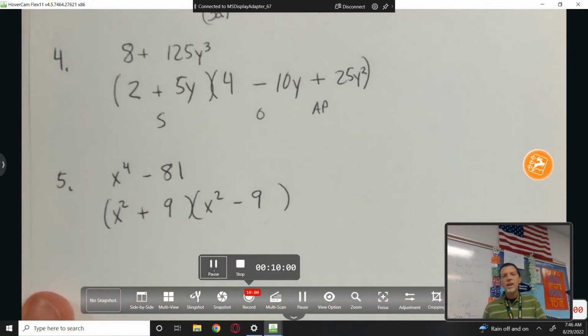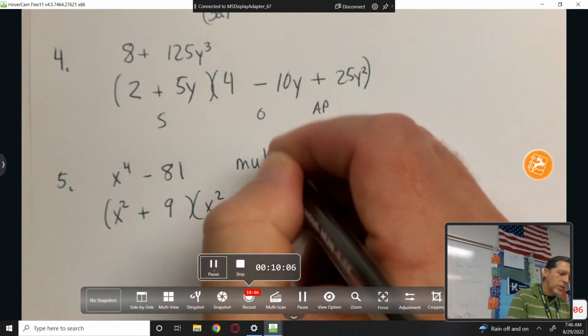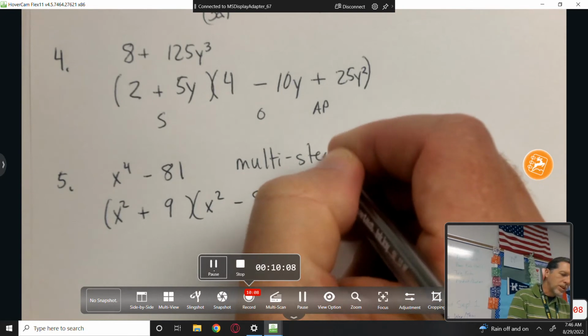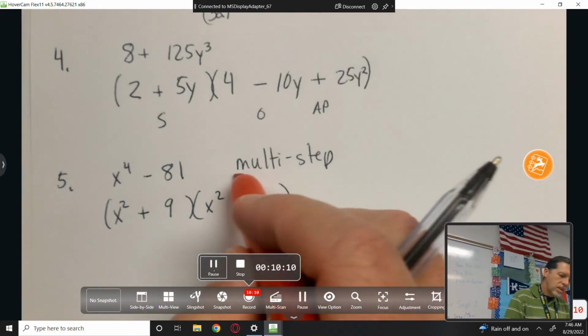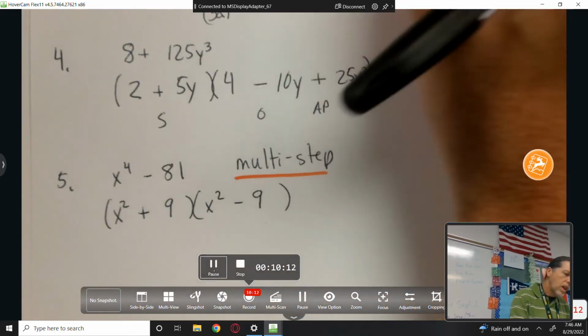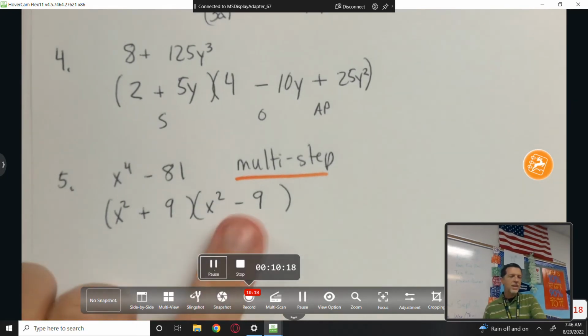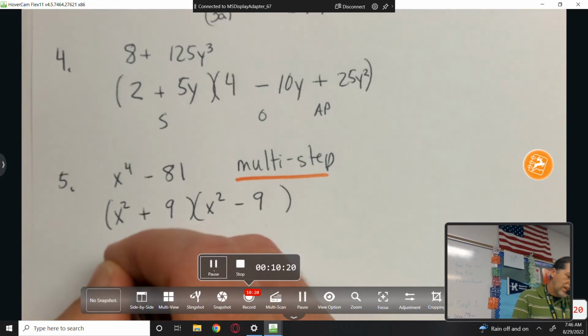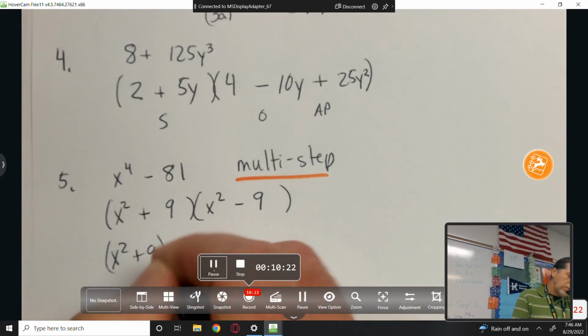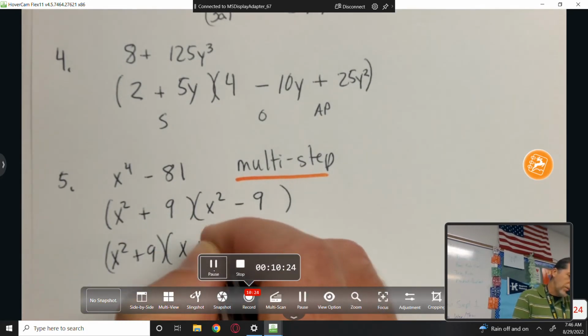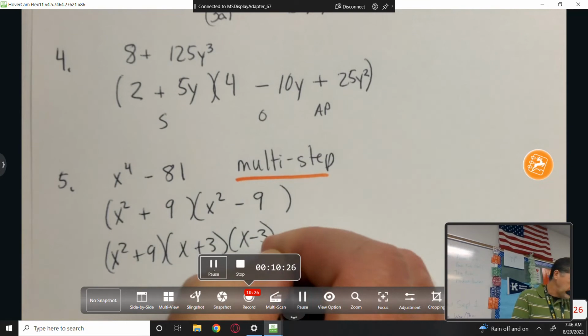Except that we're not done on this one. So the reason we're seeing this one is this is a multi-step problem. Because what else can we do? The x squared minus 9. So x squared plus 9 is still there, and then x plus 3, x minus 3.